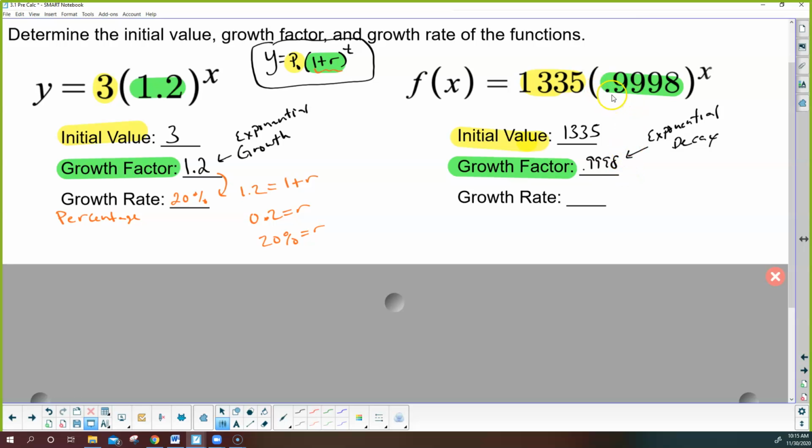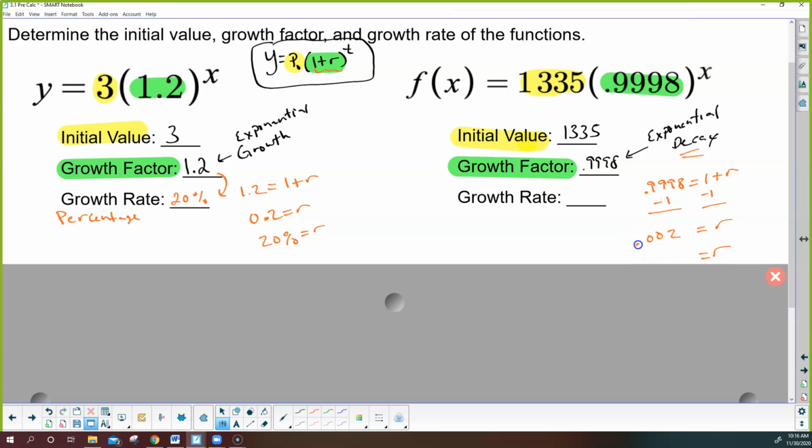Well, now notice how this one is a little bit different. Because this is a decay factor, that means that at some point I'm going to have a negative rate because things are going down. So if I subtract 1 here from both sides, I end up with 0.002.